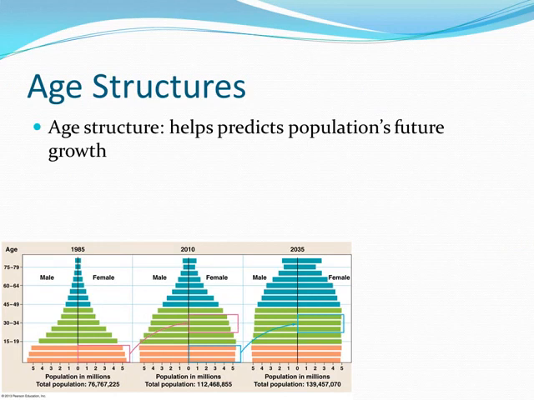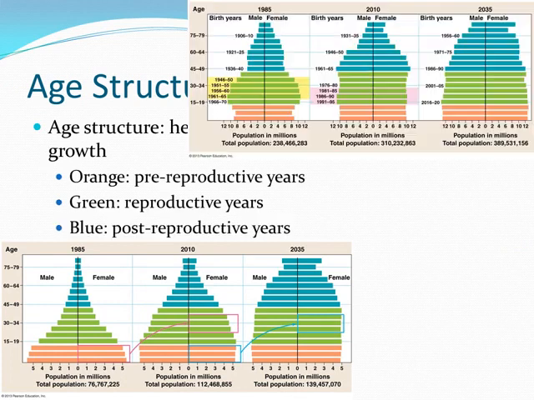So we talked about age structures. Remember, age structures help us look at the different ages for a particular population, and not only that, they help us predict the population's future growth as well. We have these particular bands here. These orange bands on the very bottom are the ages before puberty occurs, before they become reproductive ages. So people below the teens.